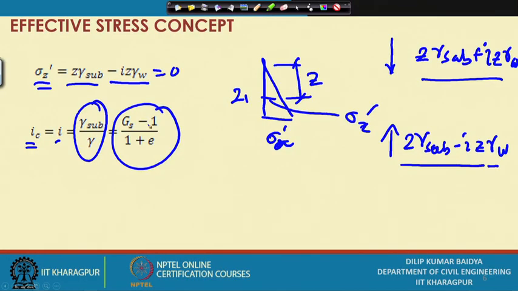That condition is called the critical condition, and whatever hydraulic gradient you get corresponding to that is called the critical hydraulic gradient. If you know the soil parameters like G and void ratio, then I can find the critical hydraulic gradient, and if your hydraulic gradient is more than that, then the soil will collapse.